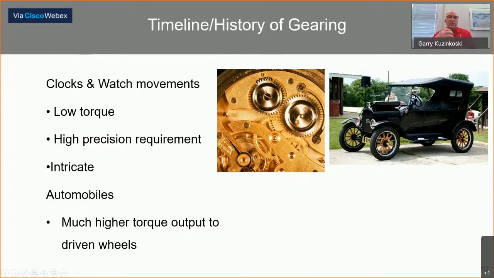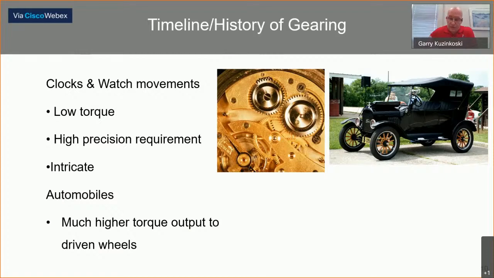As things moved along in history, more gearing was utilized within everyday items. You'll notice the couple of snapshots I have here, a clock and watch movement: very low torque, very intricate, but still high precision required to make sure that the timepiece was doing what it was supposed to be doing.